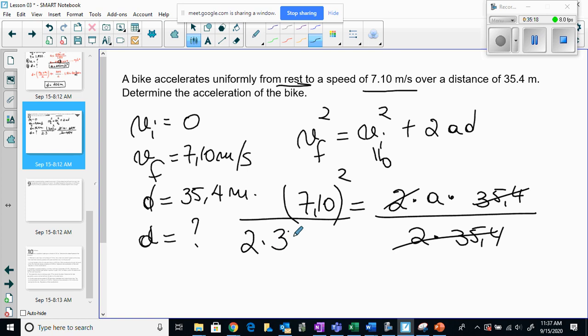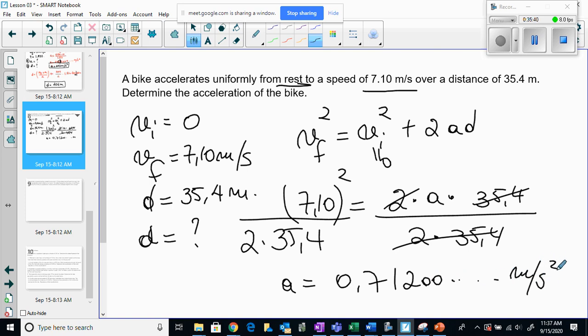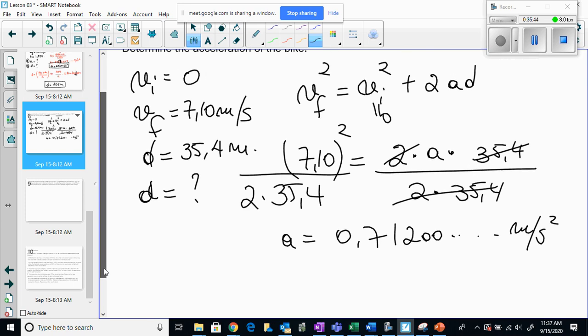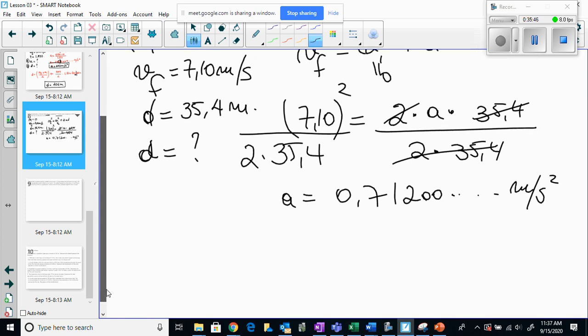Then acceleration will be 7.10 squared divided by 2 times 35.4, and this will be 0.71200 and some more digits that the calculator is giving you, but we have to record it into 3 significant digits.